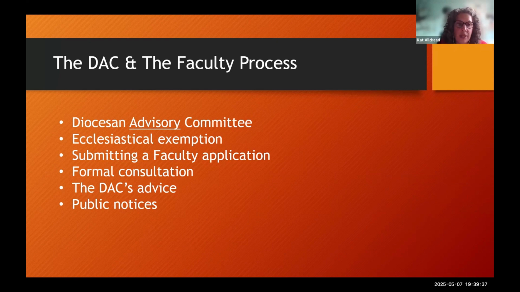The application may, depending on what it's for, include architect's drawings, specification and schedule of works, and drawings or photographs to show what's currently in existence that you want to change. Your submission will also include a statement of significance and a statement of needs, and these are really crucial parts of your application.